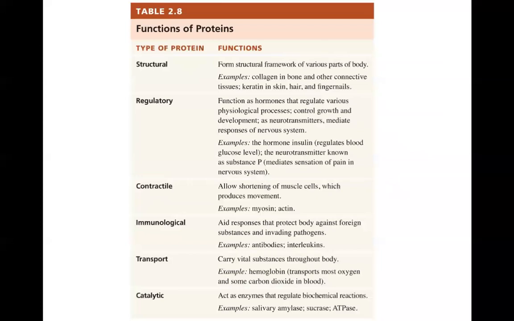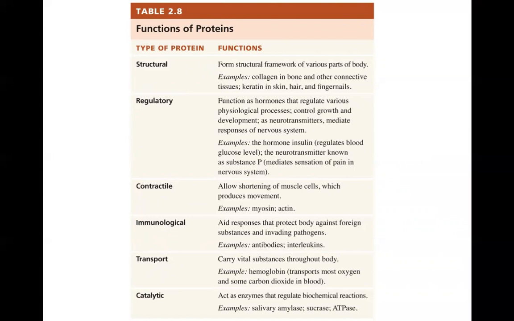Table 2.8 is a rare time where I tell you to know a table. These are the 6 different types of proteins with their functions listed and examples of them.